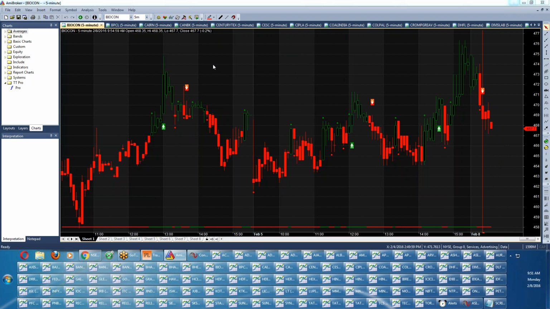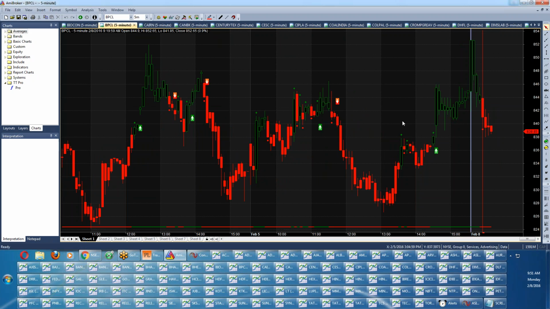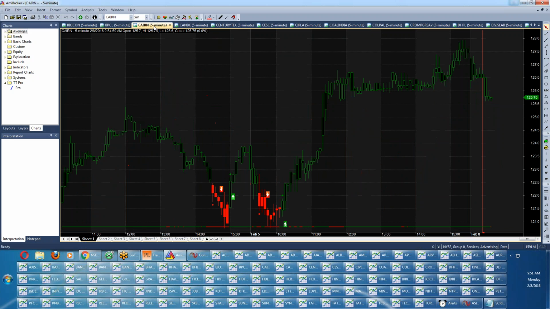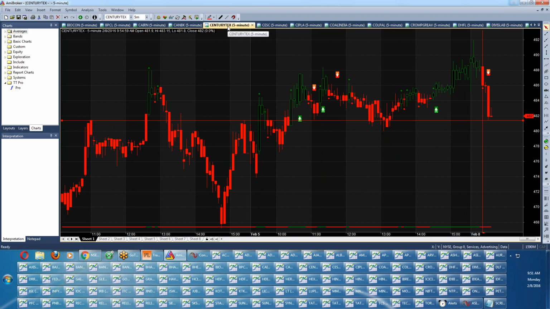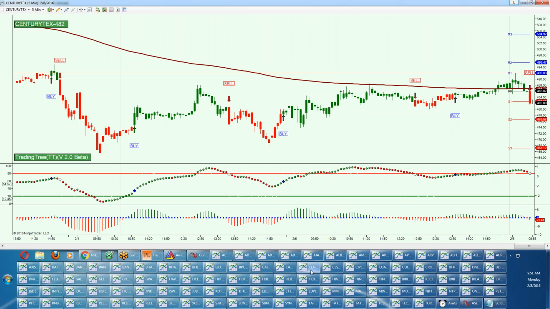So all your sell calls will be active now. So that is your entry for Century Textiles. In case you just see here, we have got this sell call that is generated now.